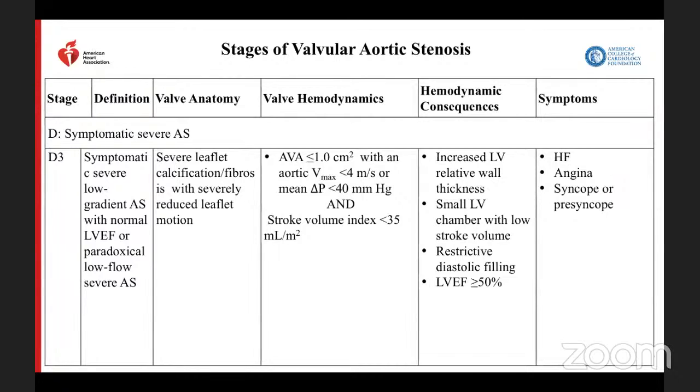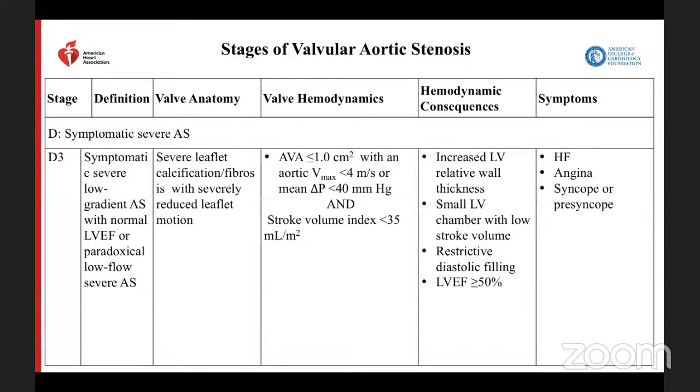The last stage, D3, is symptomatic severe low gradient AS with normal left ventricle ejection fraction, or paradoxical low flow severe AS. The valve will have severe leaflet calcification, fibrosis with severely reduced leaflet motion.